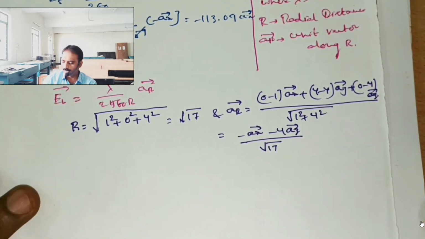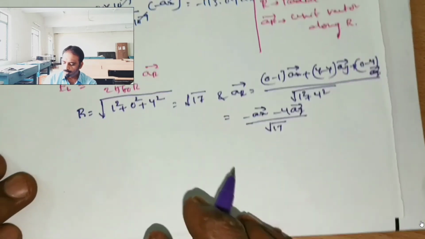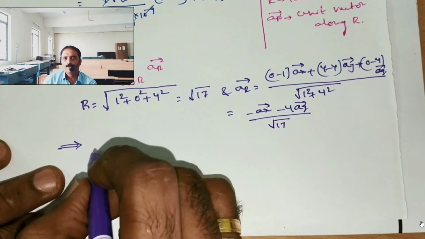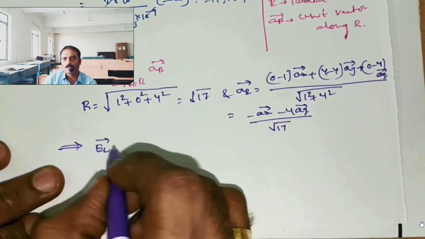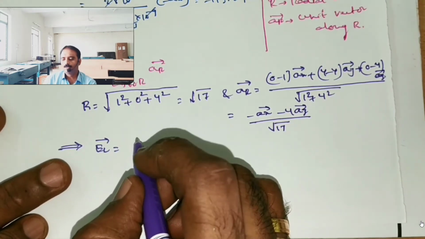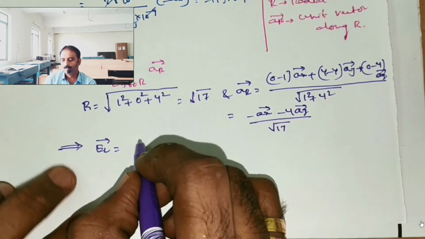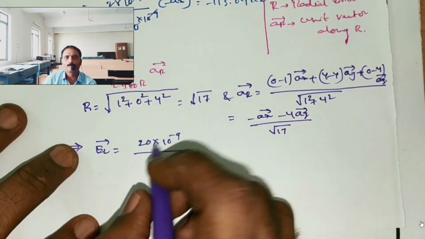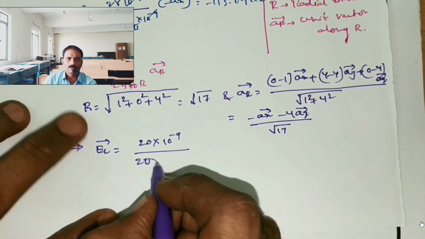So if you find out the resultant here, E_L bar is equal to, substitute the values here, lambda and R and a_R bar. The logic is very simple, only thing is you have to pay a little attention in order to simplify such types of problems.